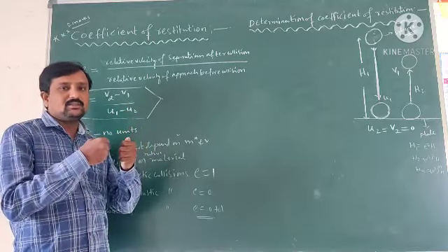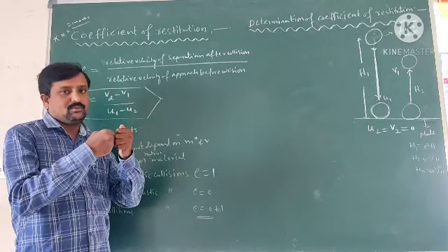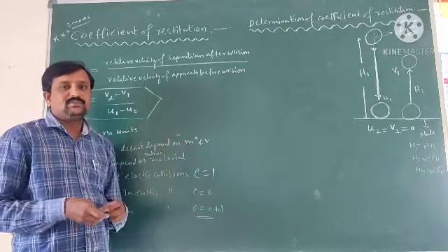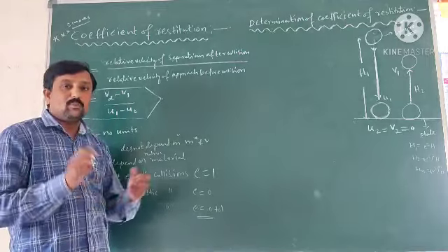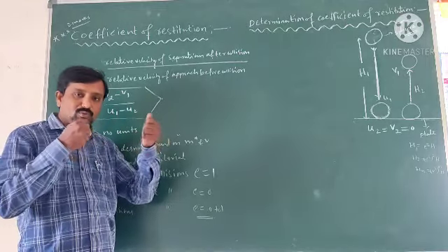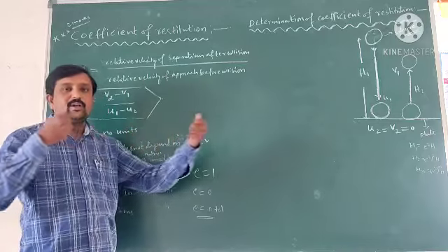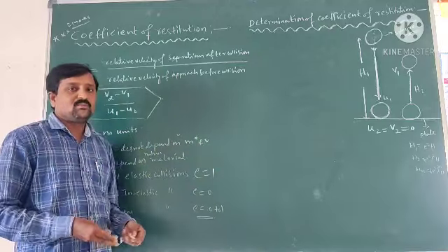That is called the relative velocity of approach. And after collision, they move away from each other. That is called the relative velocity of separation.